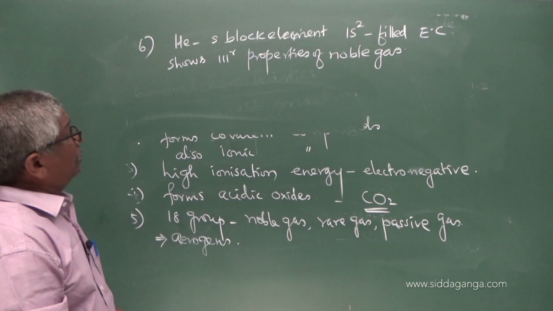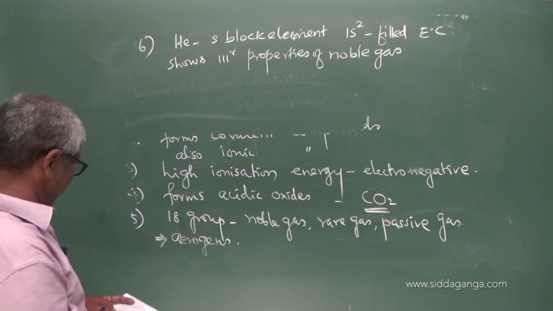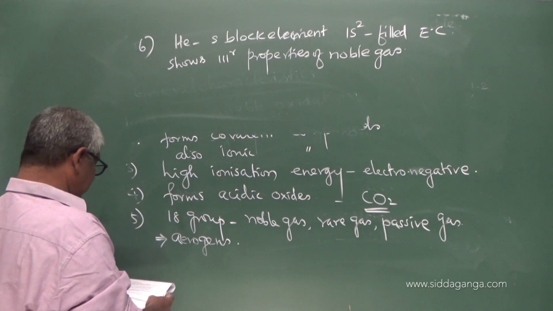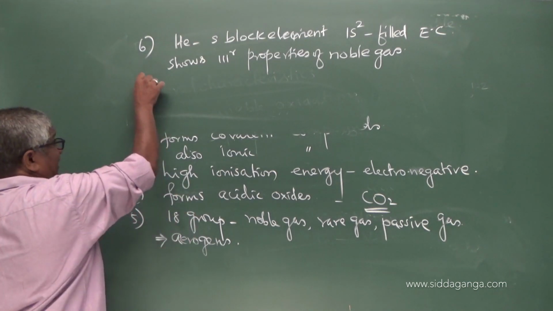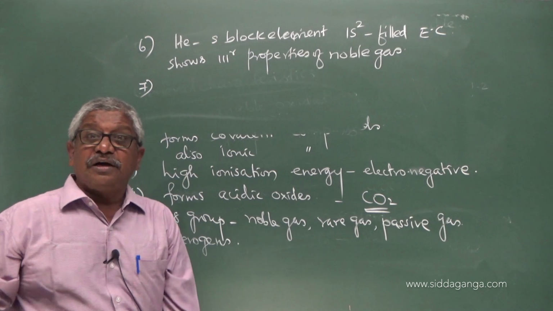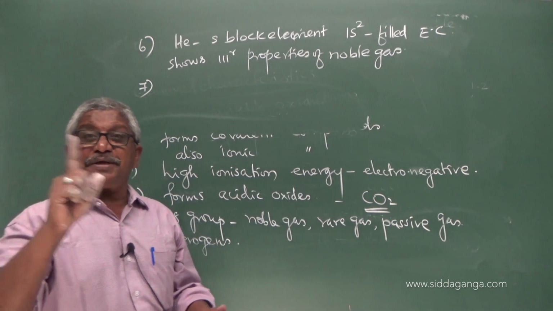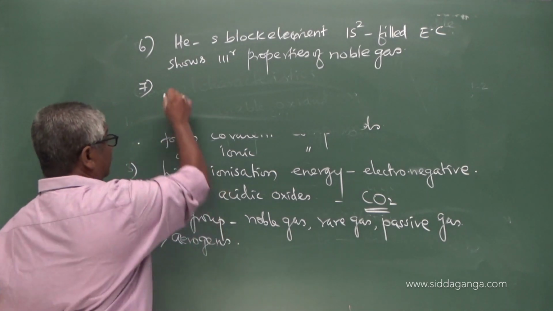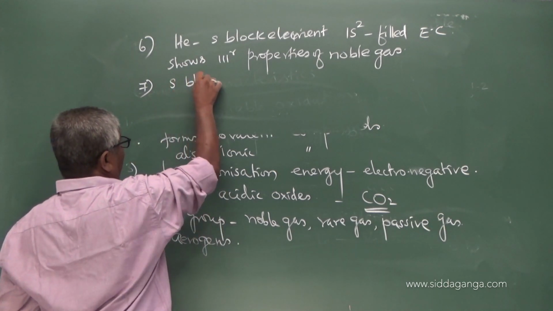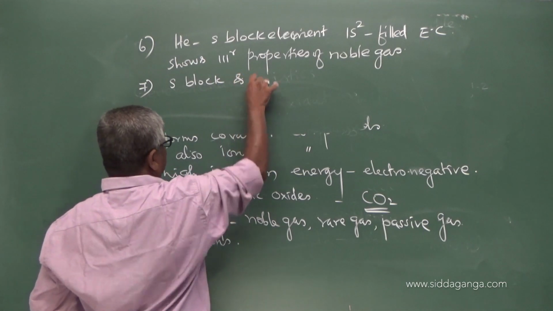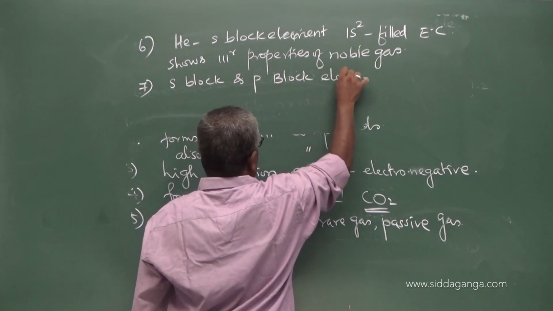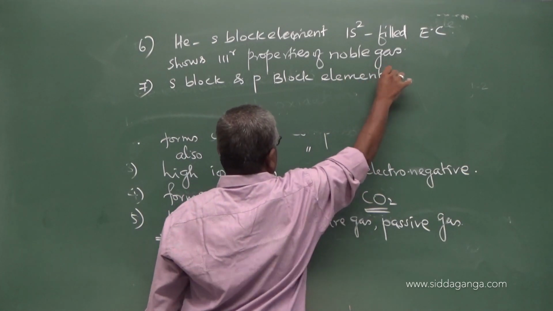Now, properties of the noble gas. Next, earlier I told you S block elements and P block elements are called representative elements.